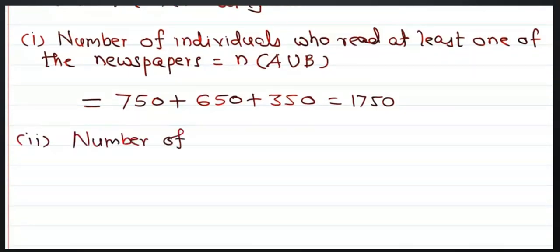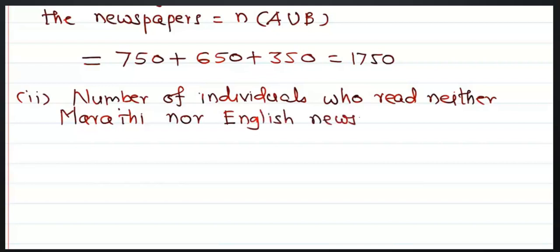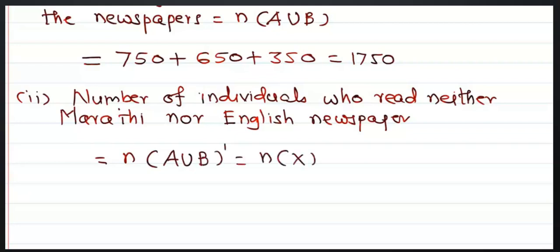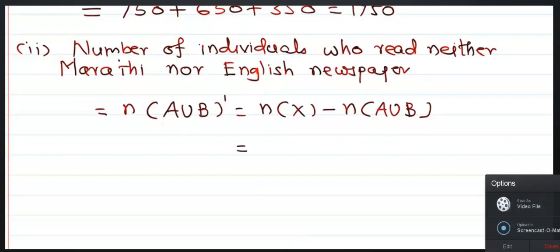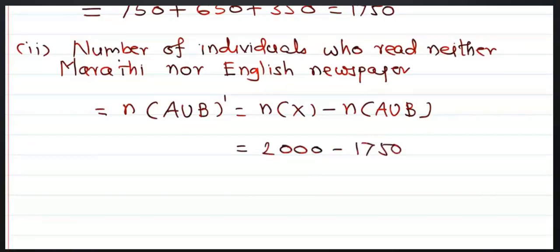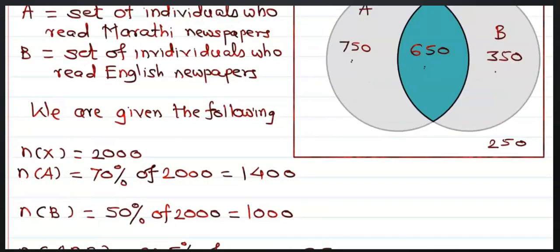Second, the number of individuals who read neither Marathi nor English newspaper. n of (A union B) complement is equal to n of X minus n of (A union B), 2000 minus 1750, that is equal to 250.